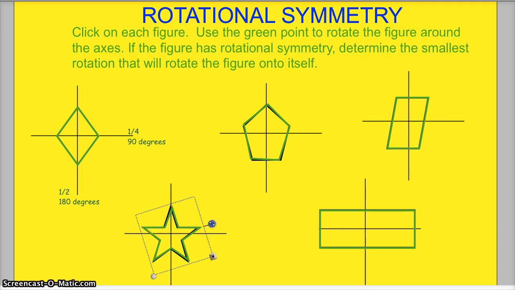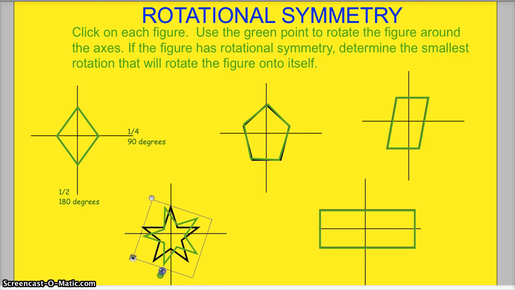This star, make sure we're starting where we need to start. Let's cover it all up like it's supposed to be.